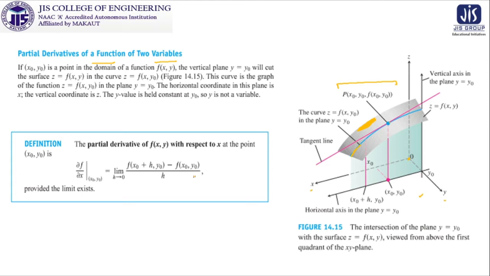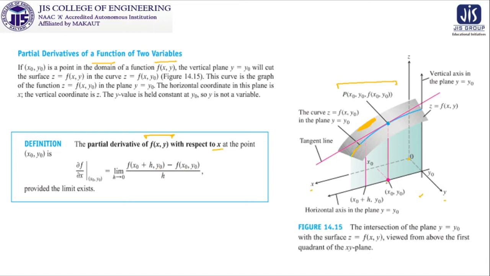So what you see is that the partial derivative is defined, partial derivative of what? The whole function f(x,y). But with respect to whom? First one we are taking at x. And this is defined as limit h tends to 0. Please concentrate. f(x0 plus h, y0).